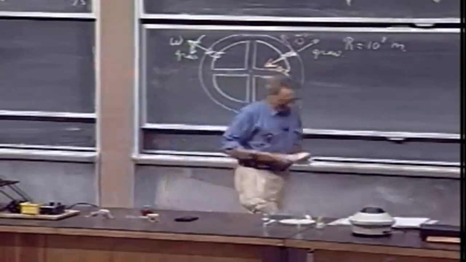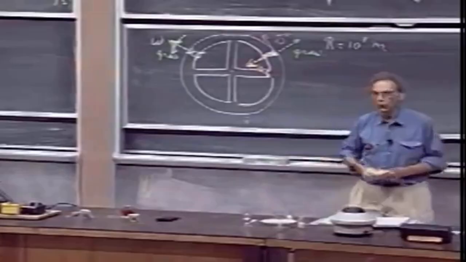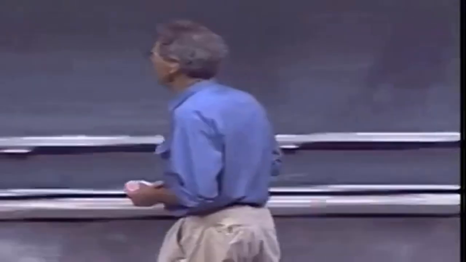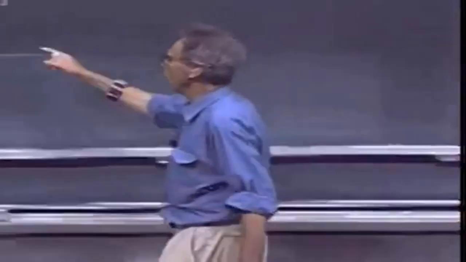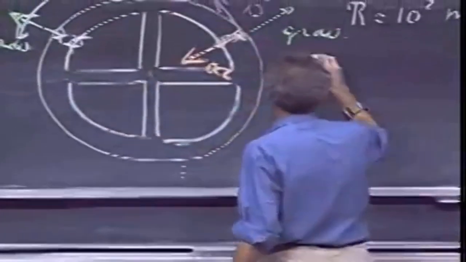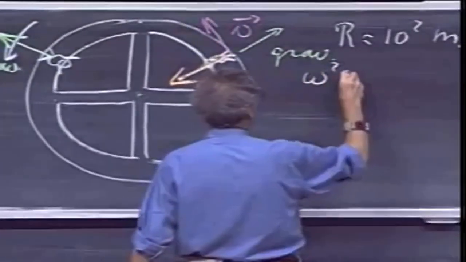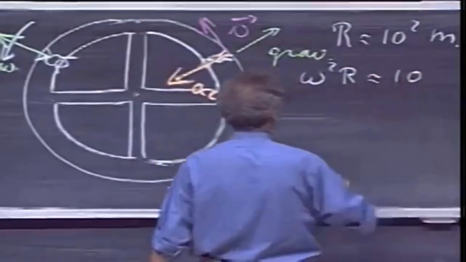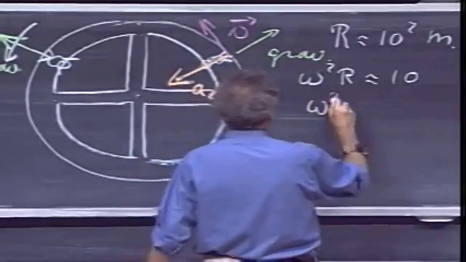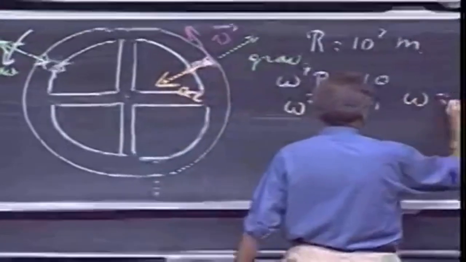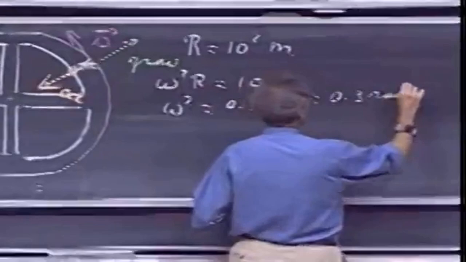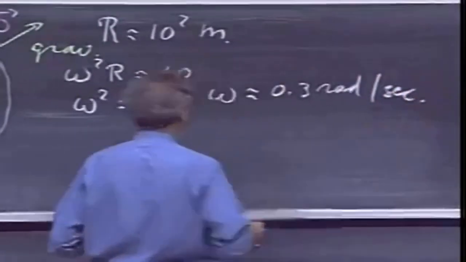So we could now calculate how fast we have to rotate this spaceship to mimic the gravitational acceleration on Earth, which is 9.8 meters per second square. Let's call that 10, just to round it off a little. So we want the people who walk around in this corridor to have an acceleration omega squared r, which is about 10. So omega squared is about 0.1. So omega is about 0.3 radians per second.